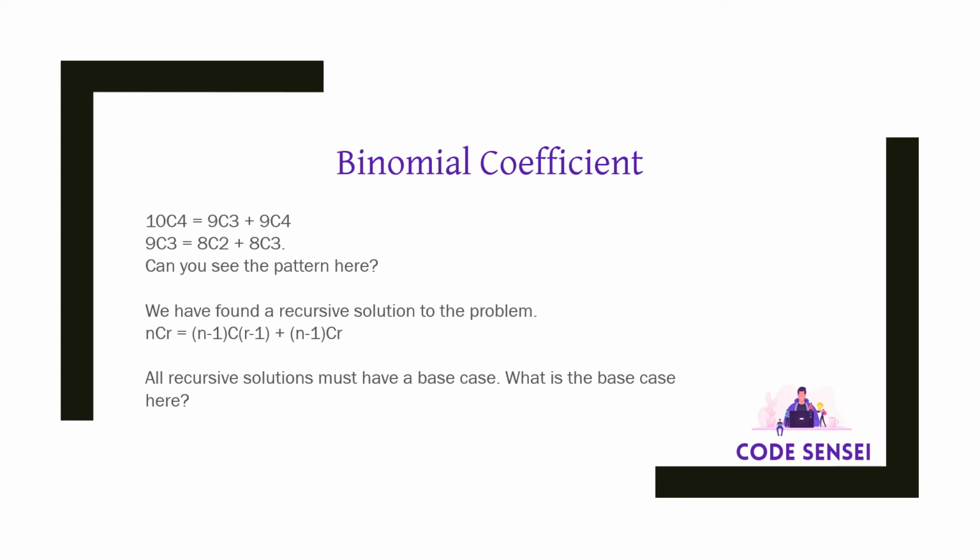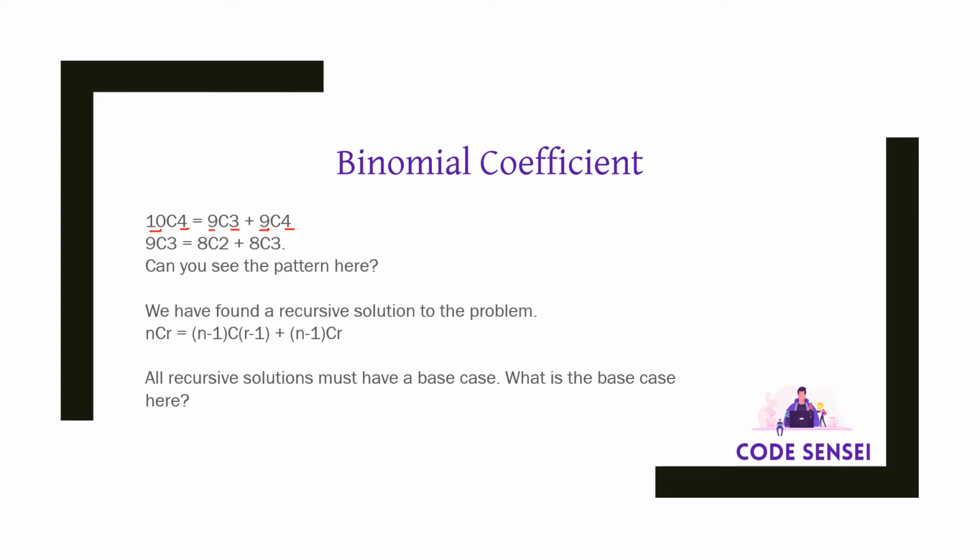We have found a recursive solution to this problem. If you look closely here, n is 10 and r is 4. What is 9? n minus 1, that is 10 minus 1. And 3 is 1 less than r, and here 4 is equal to r.